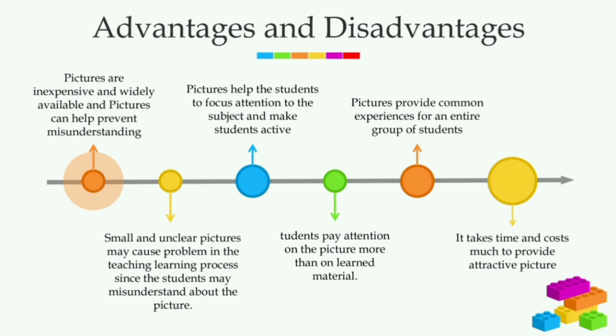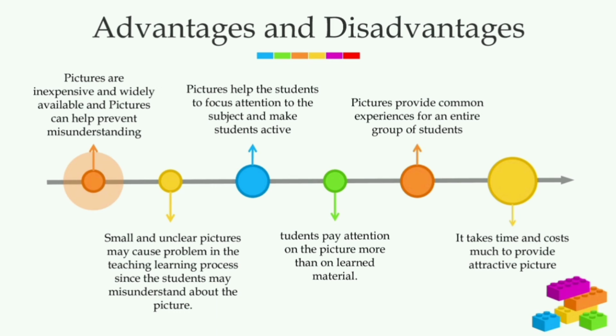This strategy has advantages and disadvantages. The advantages of this strategy are that pictures are inexpensive and widely available. The teacher can find pictures easily, for example in books, magazines, and newspapers.